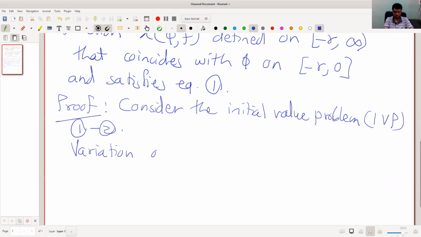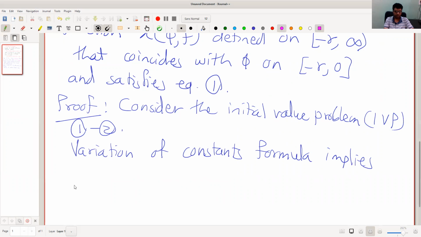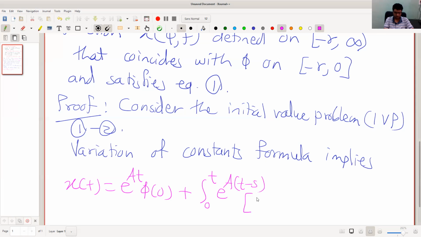Variation of constants formula implies x of t equal to e raised to at into phi of 0 plus integral from 0 to t e raised to a into t minus s into b x of s minus r plus f of s ds.